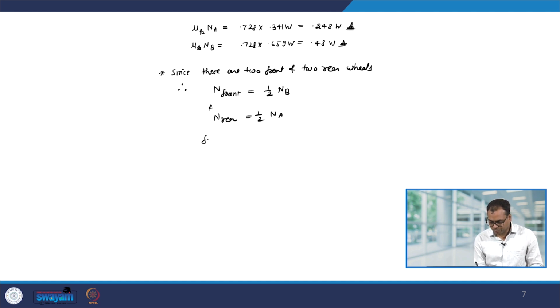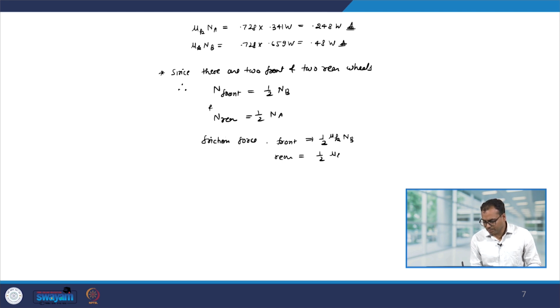Similarly, the friction force at the front will be half of mu k NB, and at the rear it will be half of mu k NA.